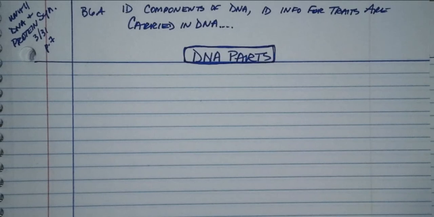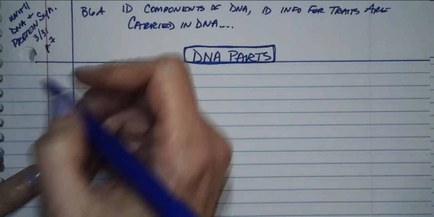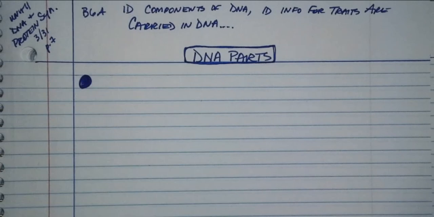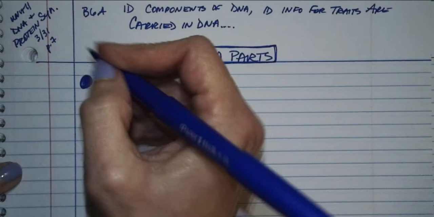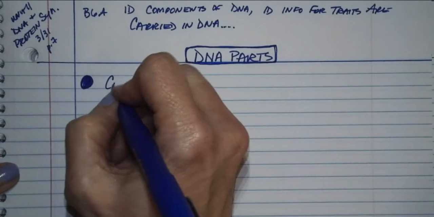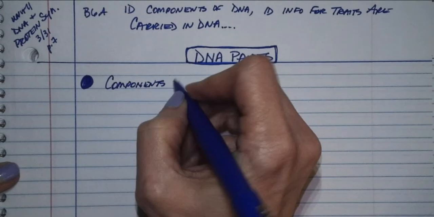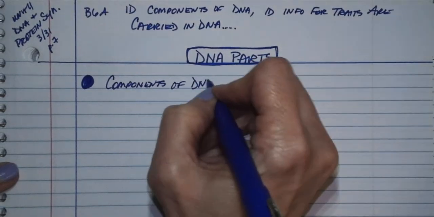So let's start off with the components of DNA. And I'm going to use that word a lot because a lot of people are unfamiliar. Components of DNA. What does DNA stand for?